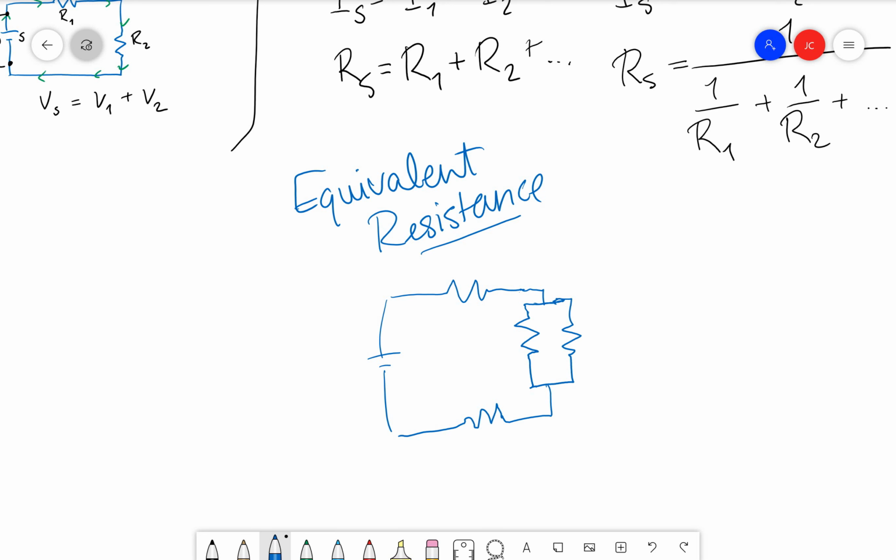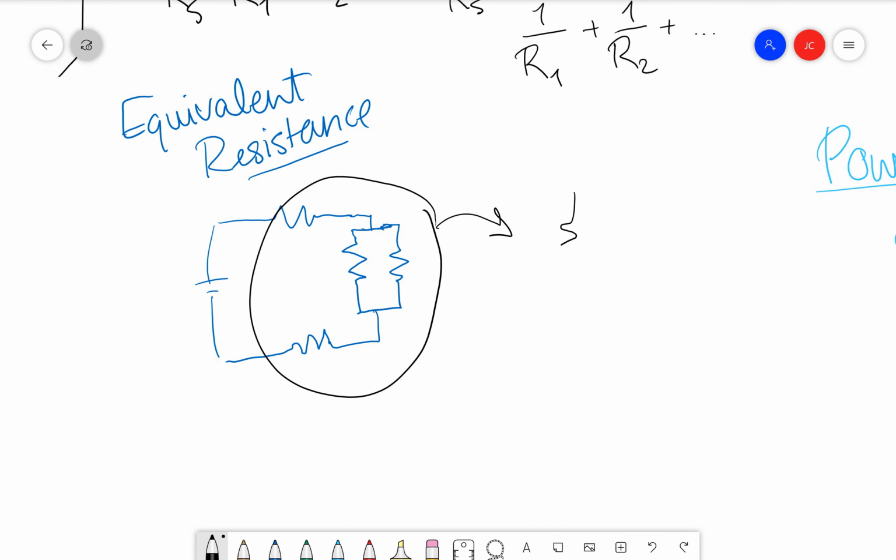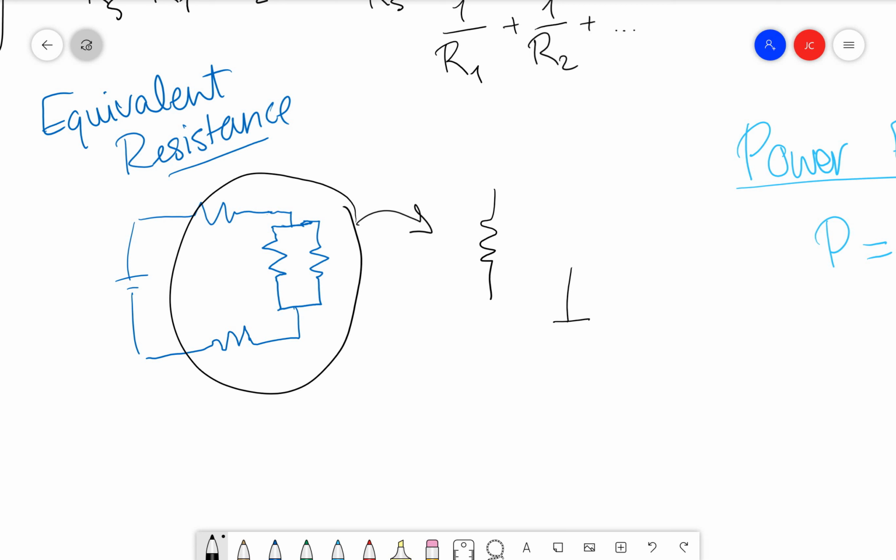As long as all these things are resistors and there's nothing in the middle, which there isn't, and we really won't be dealing with anything other than resistors, all of these 4 resistors can be just taken out and replaced with a single resistor. And this circuit, which looks really complicated, becomes reduced down to this.